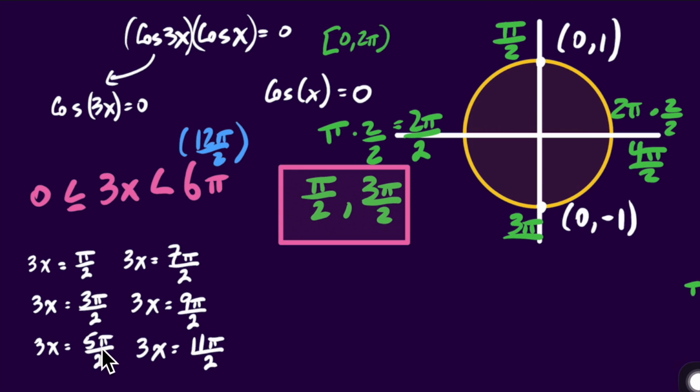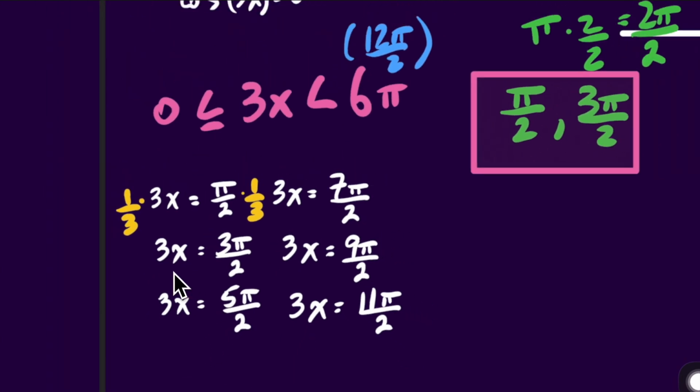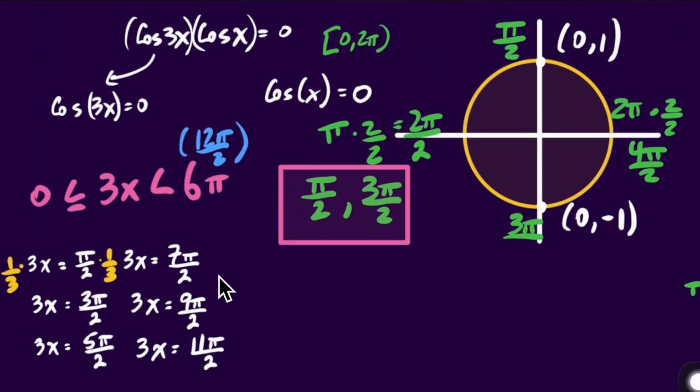So we went to 5 pi over 2 to 9 pi over 2, 7 pi over 2 to 11 pi over 2. Okay, folks, we're going to solve for x for each of these. And that's going to involve multiplying both sides by 1/3. So you could see this first answer is going to become x equals pi over 6.